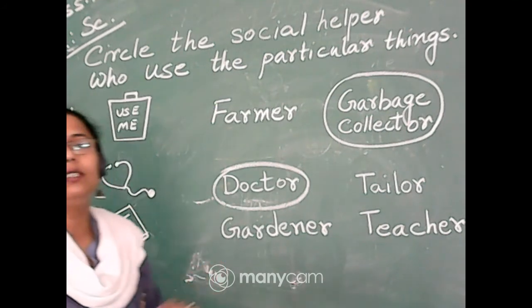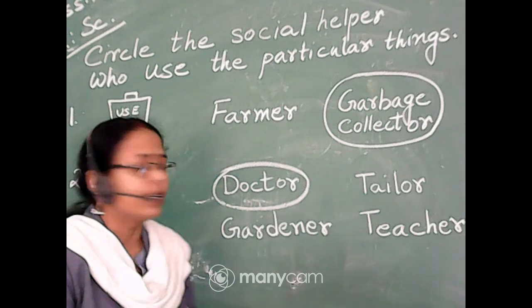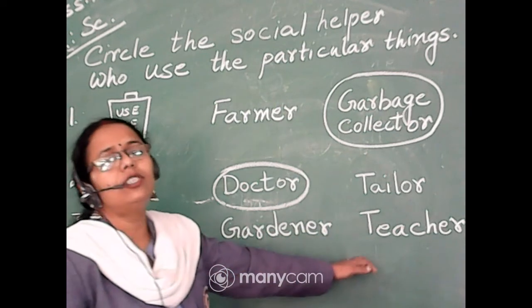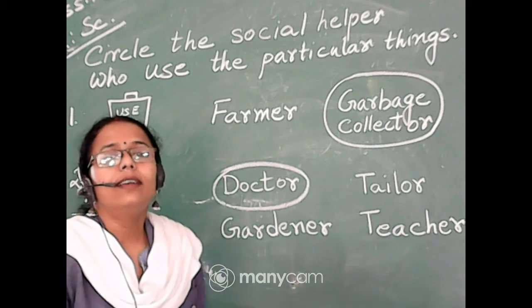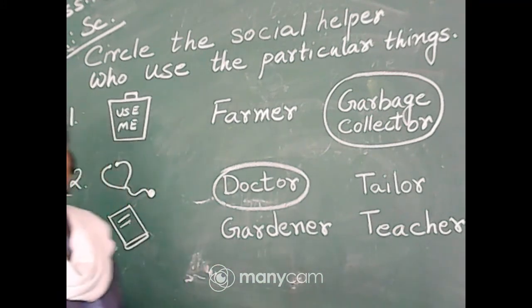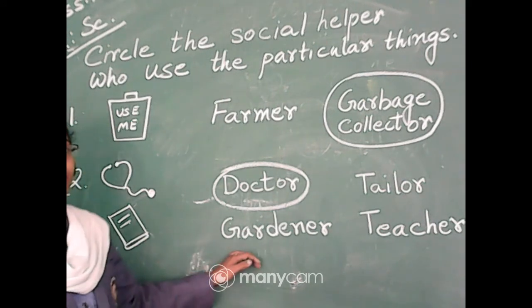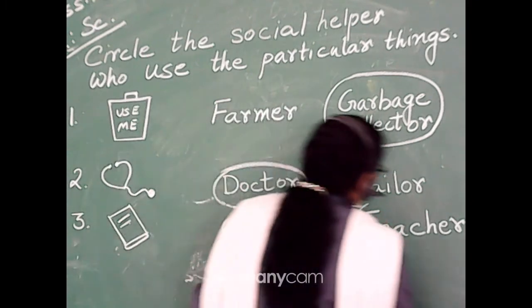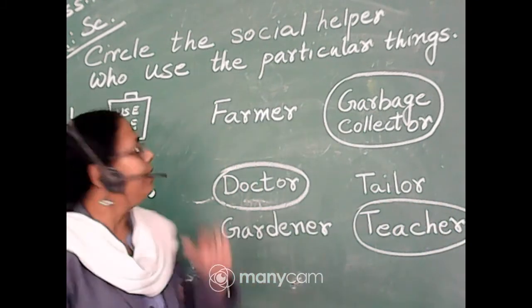Now who is using a book to complete their work? Gardener or teacher? You have usually seen in your school that teachers are always busy with books, not the gardeners, but even the gardeners have their particular instruments, right? So we will look for it in our next number.